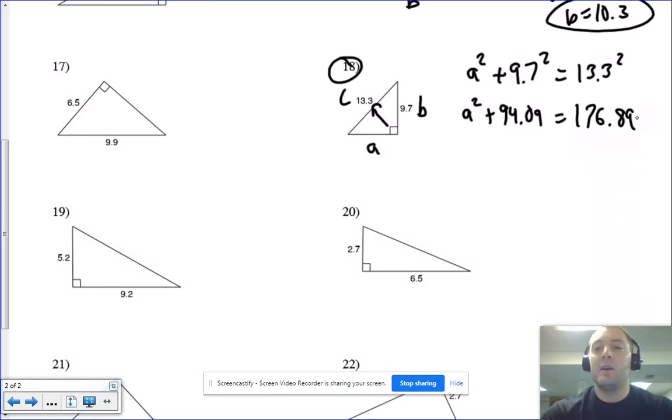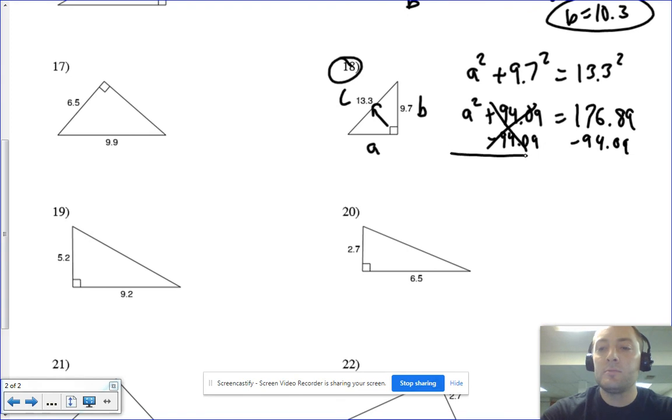All right, now if I want to solve for A, I'm going to first have to get rid of this 94.09 that's next to it, that's added to it, cancel it out, subtract 94.09 here. So 176.89 minus 94.09 gets me 82.8.